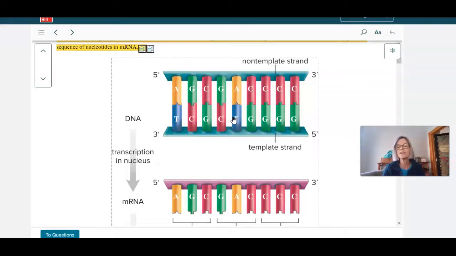So if I'm going to transcribe something, let's say you're transcribing what I'm saying, you're writing down what I'm saying in the same language. And so when we go from DNA to RNA, the cell's using the same language of nucleotides, and so the word transcription makes sense.